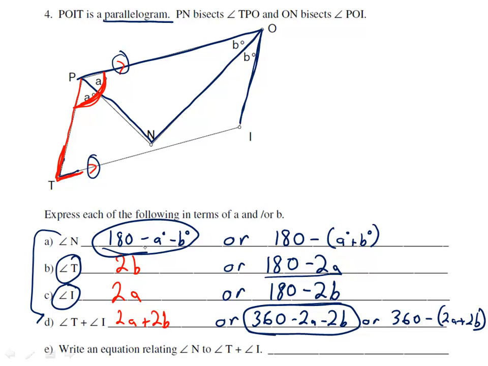I think what you see is that angle N is half as much as the sum of angle T plus angle I. So one way you could write it is angle N equals 1/2 the sum, so we use parentheses, of angle T plus angle I. Or you could express it the other way, that 2 times angle N equals angle T plus angle I.